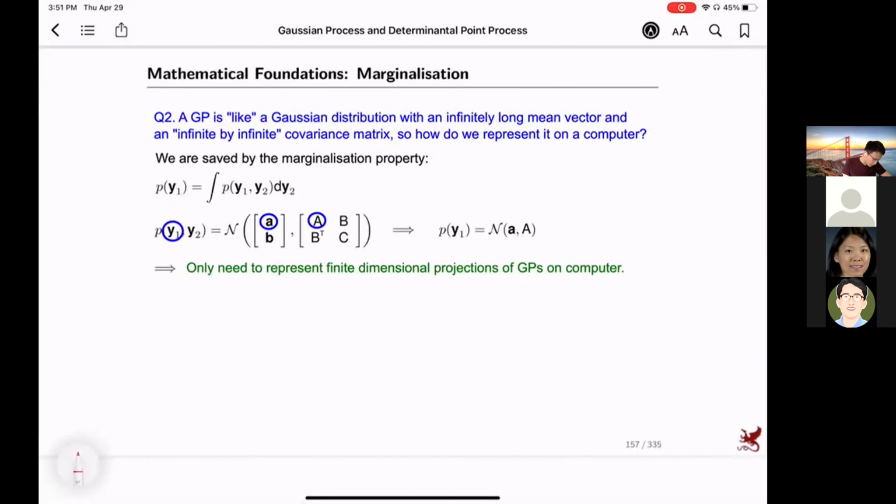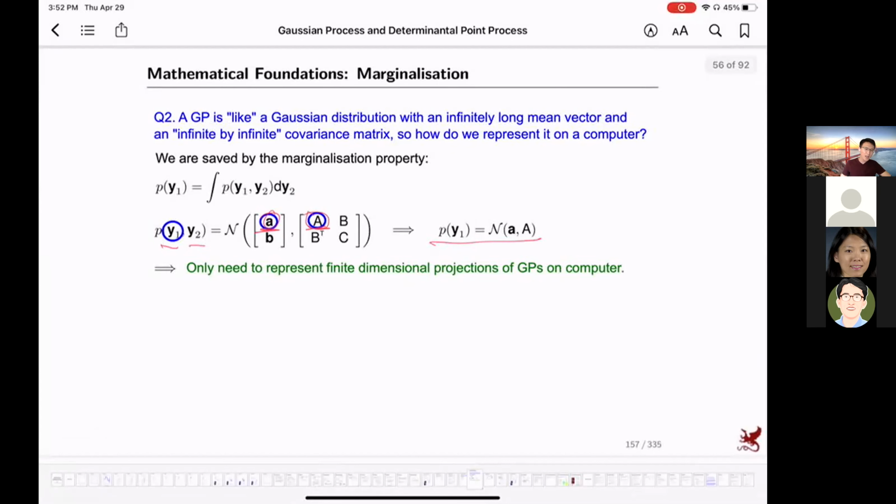If I have y1 and y2, there are infinitely many y2, and I want to integrate them out, I know the marginal distribution over y1 is still Gaussian. So I only need to look at the mean of those dimensions in y1 and the covariance of those dimensions in y1. I just read out these two corner parts of the infinitely long matrix, and I get the marginal distribution, right?